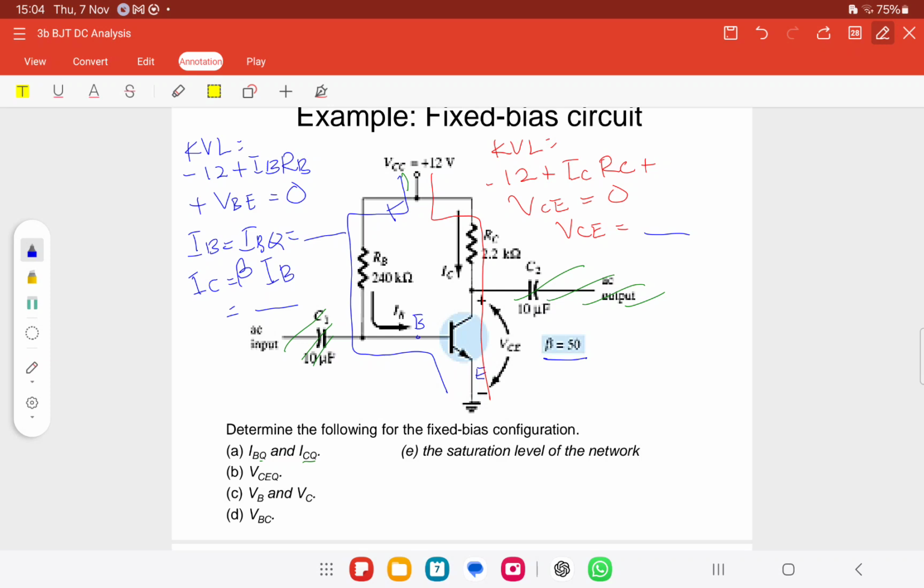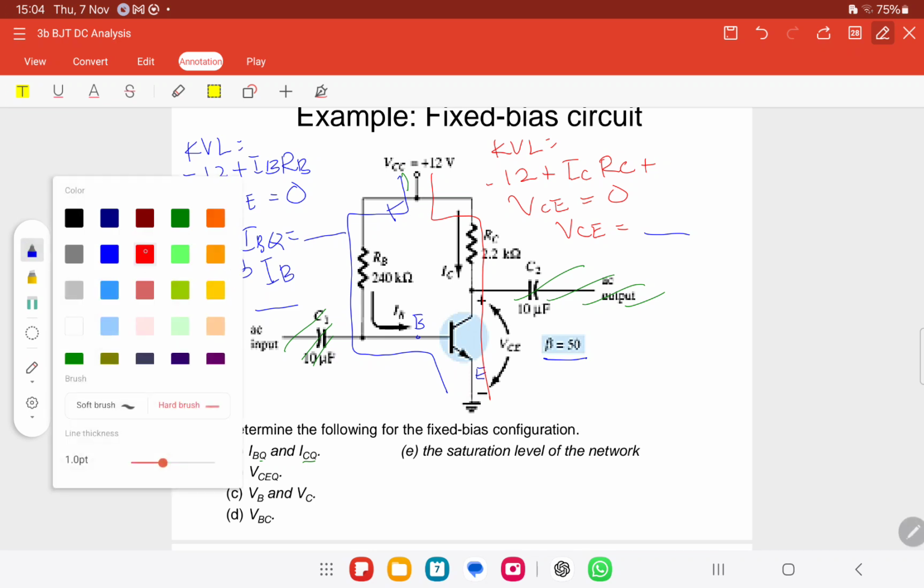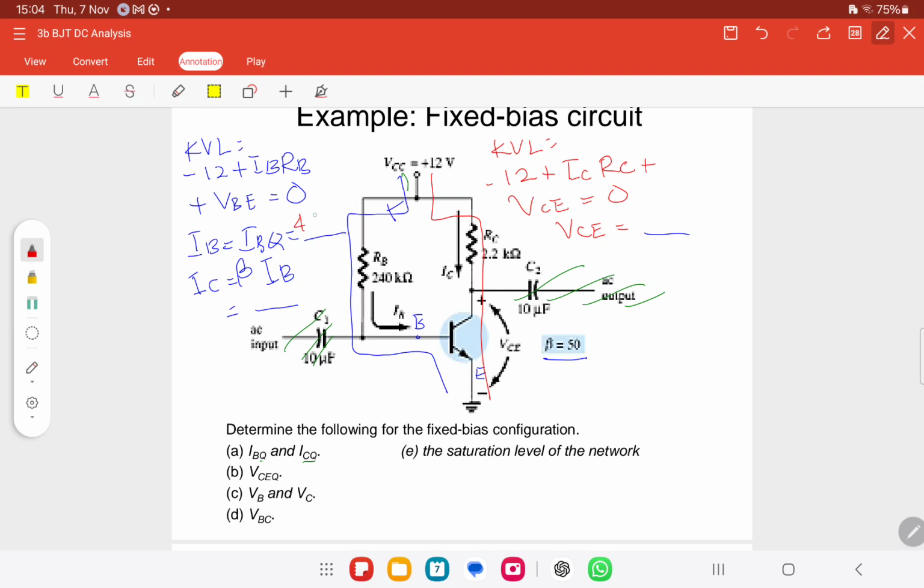Okay, who can give the value for IB? 4.7 times 10 to the negative 5. If we want to convert to micro, actually any value you get on the calculator you can just write. But here I want to write 10 to the negative 6.